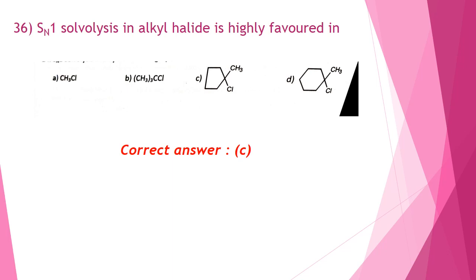In compound C, due to the very small angle and steric hindrance, the leaving group is removed very easily, and this 1-methylcyclopentyl cation is more stable than the other cations. Therefore, the SN1 solvolysis of compound C is highly favored compared with the other compounds. Option A is correct.